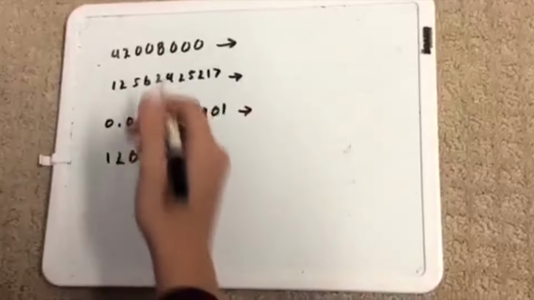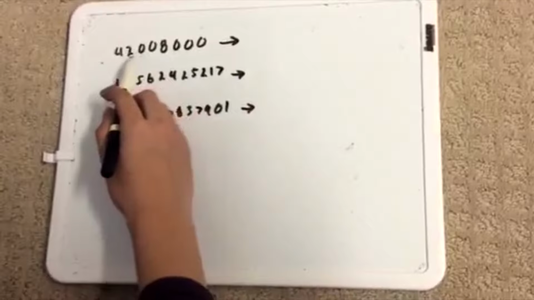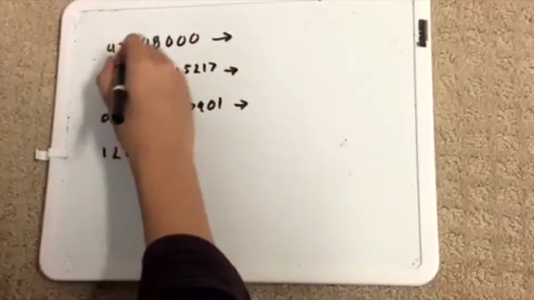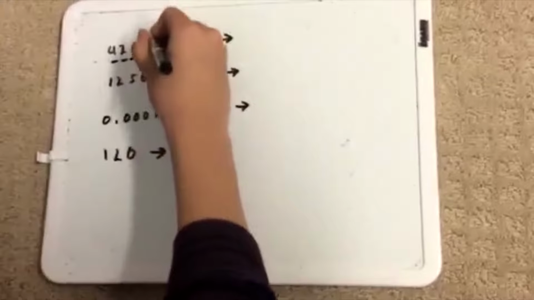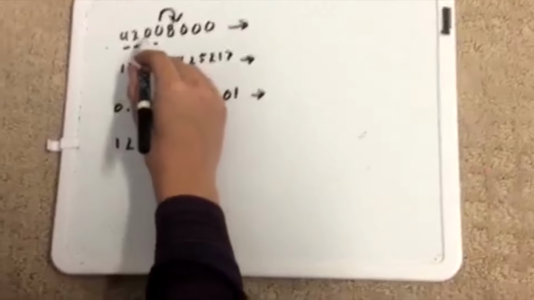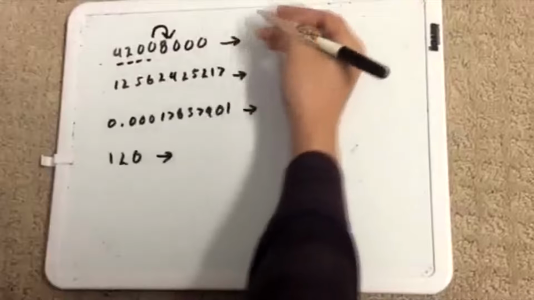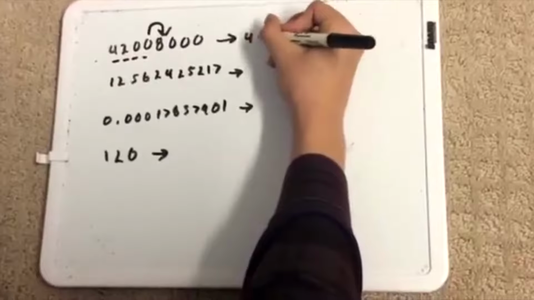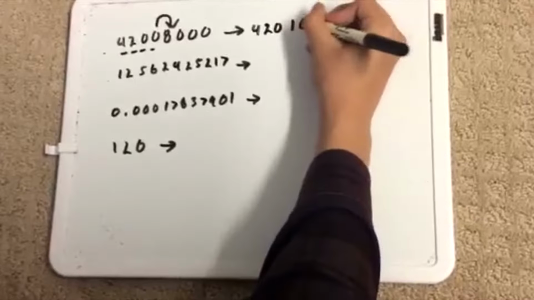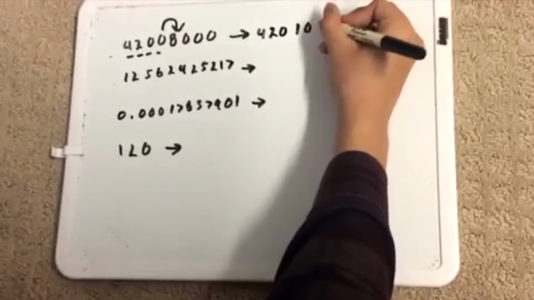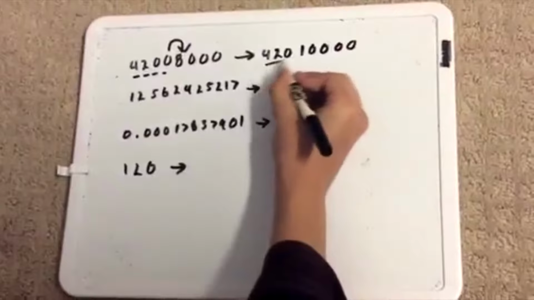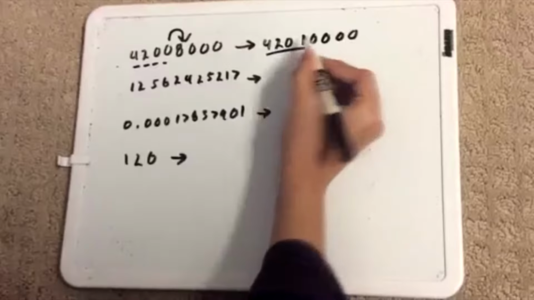So for this number right here, we want to get 4 significant figures, so we count 1, 2, 3, 4, and we round to the next number. So this number would turn out to be 4, 2, 0, 1, 0, 0, 0, 0, containing only 4 significant numbers.